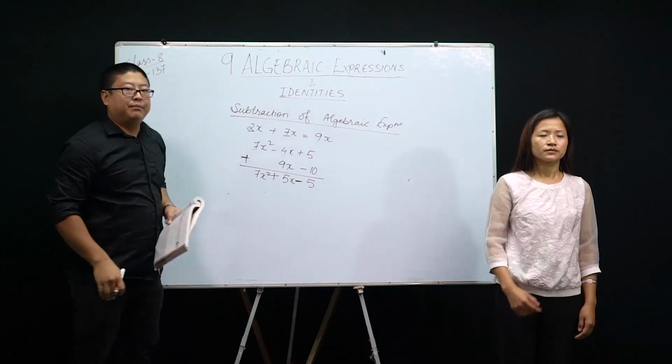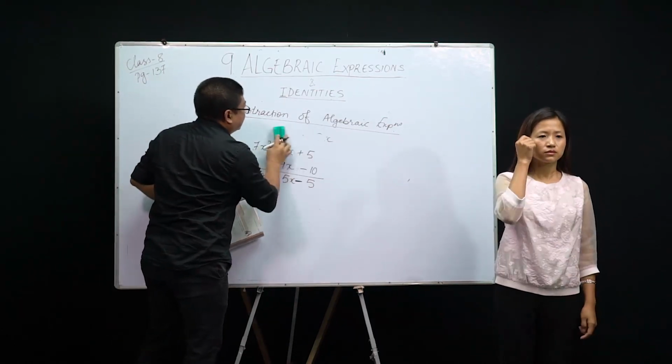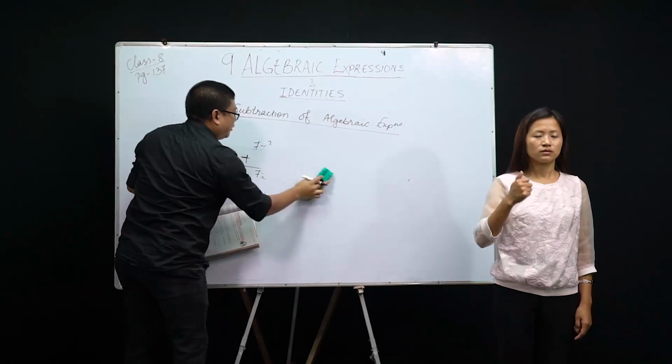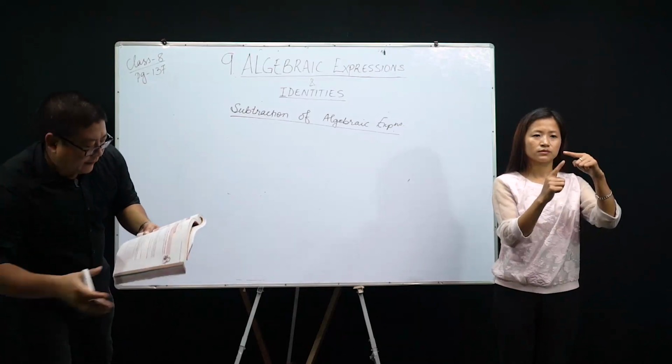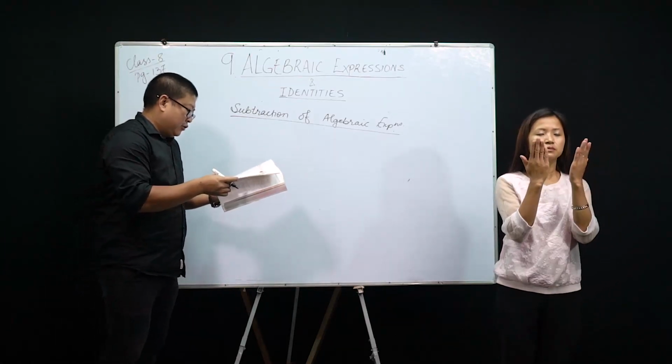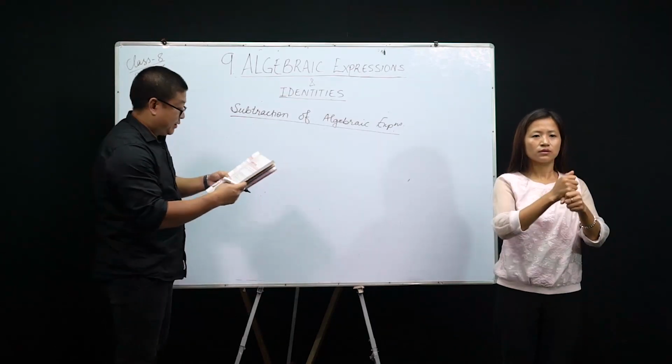Subtraction of algebraic expressions. So to understand this better, let's look at another example from the textbook. To make it easier, let's look at example number 2 on page number 139.